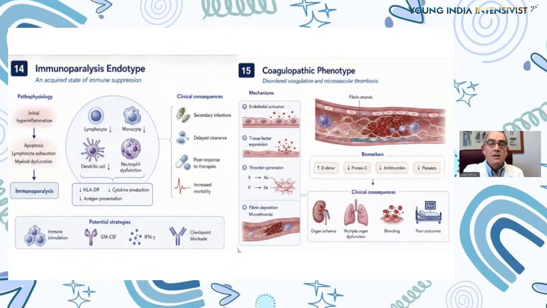Potential strategies may be the use of a blockade of interferon gamma or the use of GM-CSF. But we have mentioned several times that we have also a coagulopathic phenotype. I don't want to describe that more, but it's important to remember that the moment we have an expression of the tissue factors and the alteration of the endothelial status, the activation of the coagulation determines also the thrombin generation with deposition of fibrin and microthrombi that may occlude.